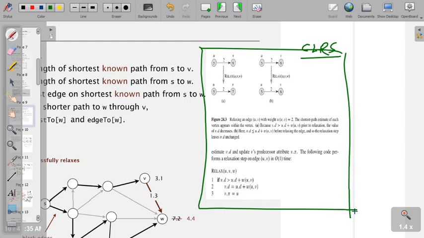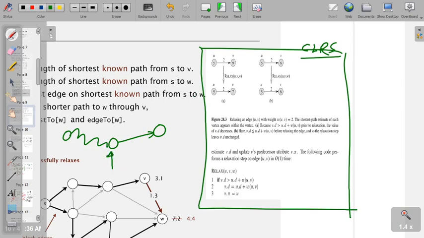So the thing is, what is this relax procedure? That means if say this is some node, and whenever I have discovered this node from the source, I have come up here, and whatever is the shortest path I have calculated in an incremental fashion.